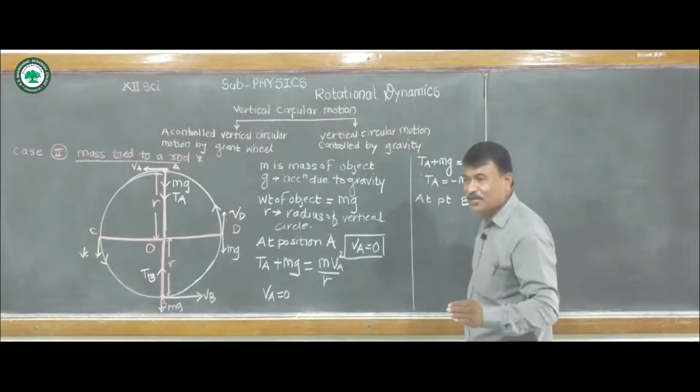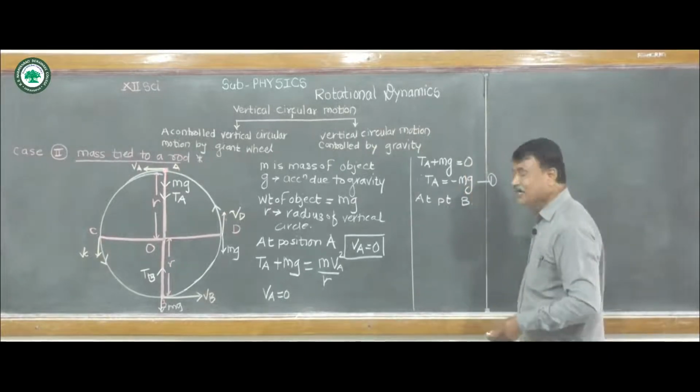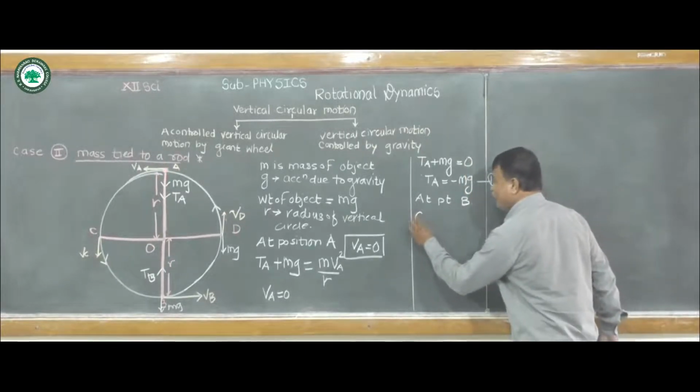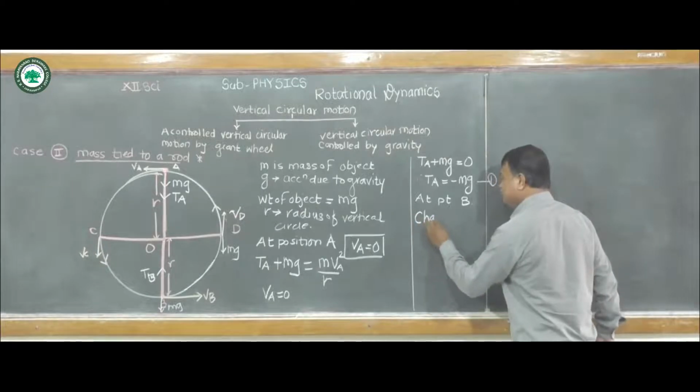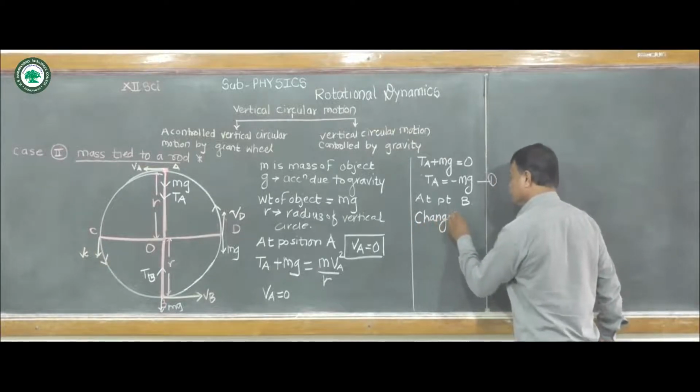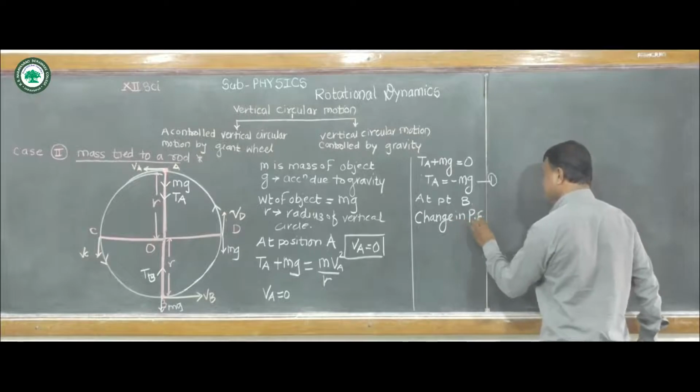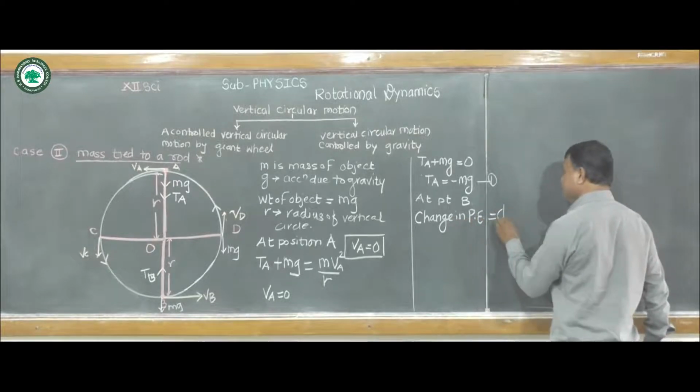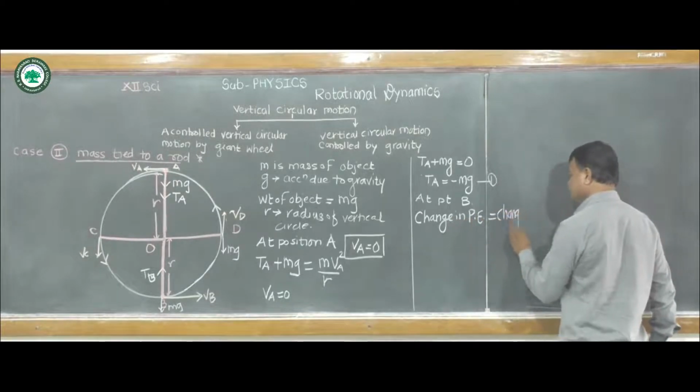This change in the potential energy is equal to the change in the kinetic energy. So we write at point B, the change in potential energy is equal to the change in kinetic energy.